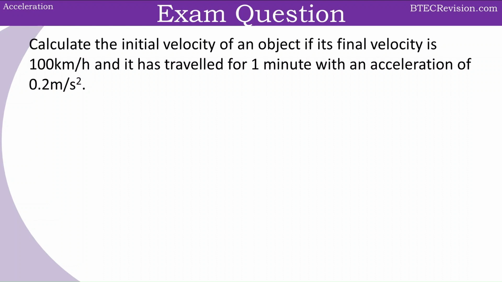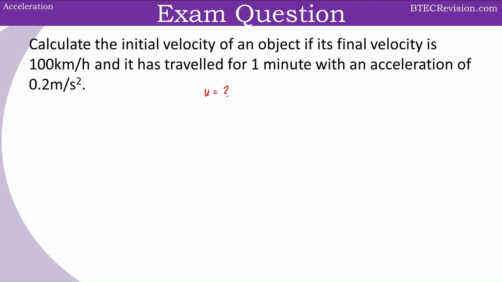We are going to calculate the initial velocity of an object if its final velocity is 100 kilometers per hour and it has traveled for 1 minute with an acceleration of 0.2 meters per second squared. So the first step we can do is write down the values that we need. So we need to work out the u, which is the initial velocity.